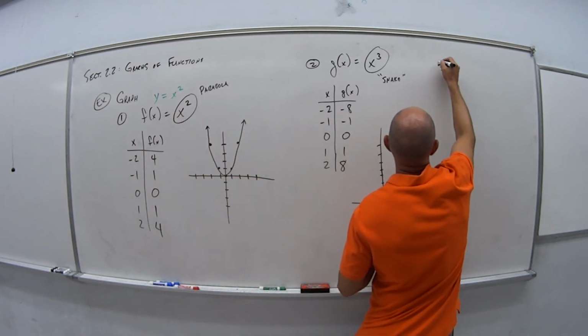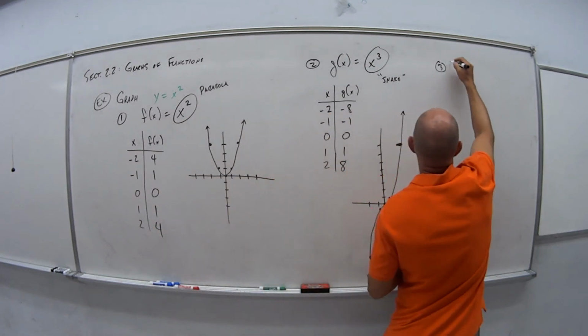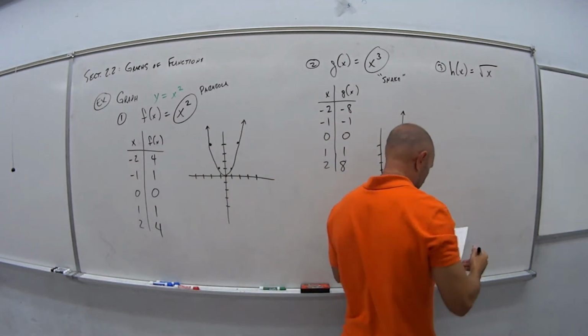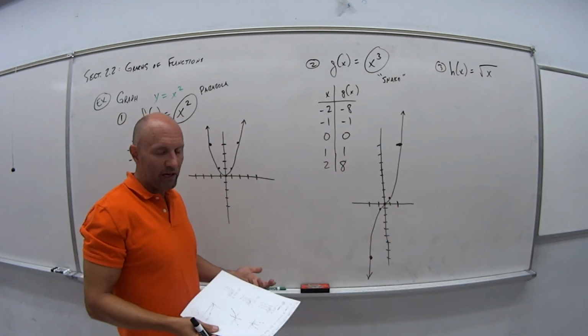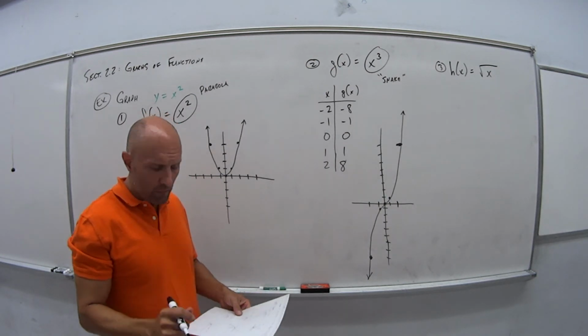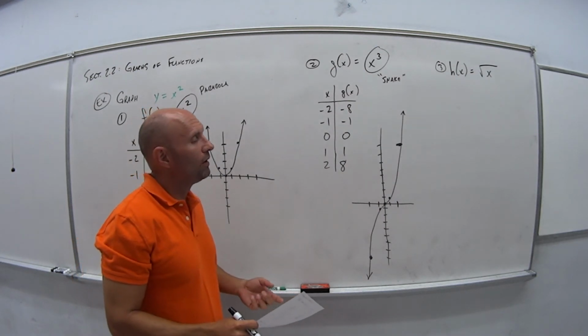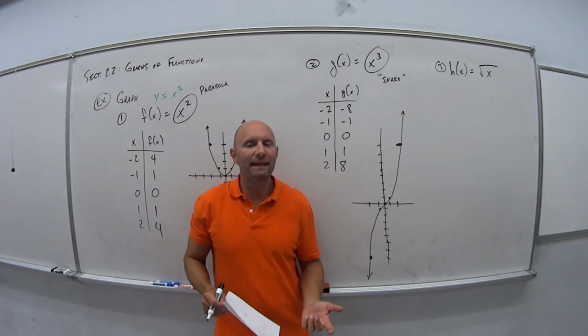And the last basic graph we're going to look at is h of x is equal to the square root of x. So again, h of x just means we're calling this function h. When I do this, I'll graph it the same, I'll build a table, but what am I restricted by now? So we have our domain.